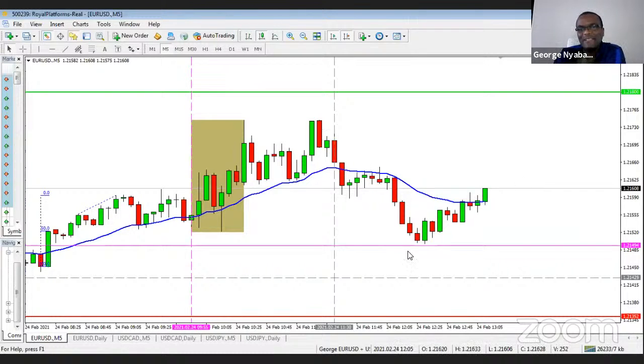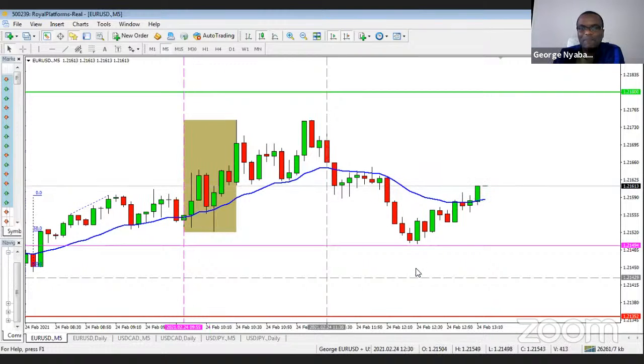So we have that, and we also have this level that we have here. Now, the bulls are moving up in a tight channel. Okay, it's a tight channel. When you speak of two-legged moves to the moving average, if this was a breakout that we were trading, and you say I'm waiting for the pullback, you'd wait for the market to come back, pull back once, attempt to resume again.